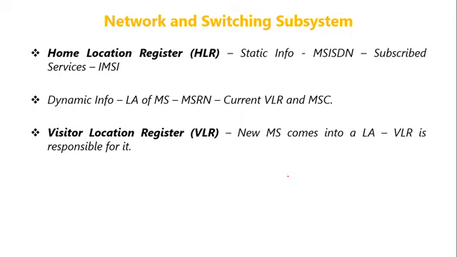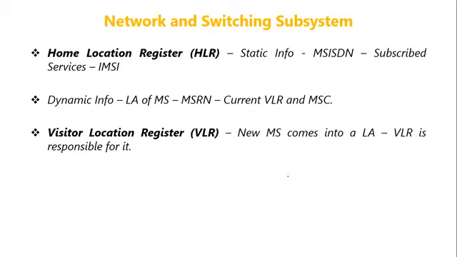It copies all the relevant information from the respective HLR. By maintaining this hierarchy of HLR and VLR, frequent updates of the HLR can be avoided. The visitor location register can also support up to 1 million customers. So that's it about the network and switching subsystem.